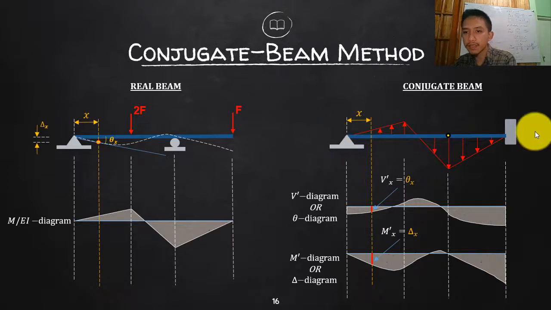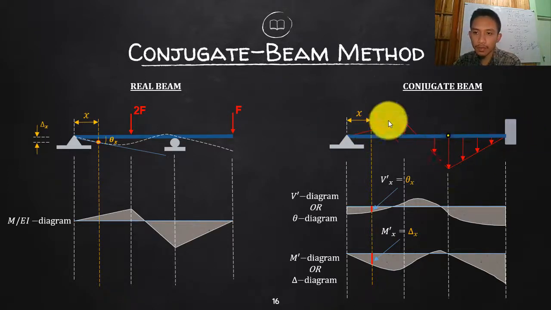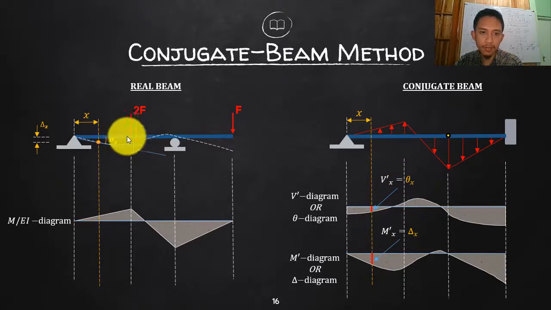So this is now your fictitious beam. The same length, but the loading is your M/EI, and your supports are changed so that the shear diagram or the V diagram of this type of beam and loading will be the rotation. The theta, that is the rotation or the slope from the undeformed shape, automatically.